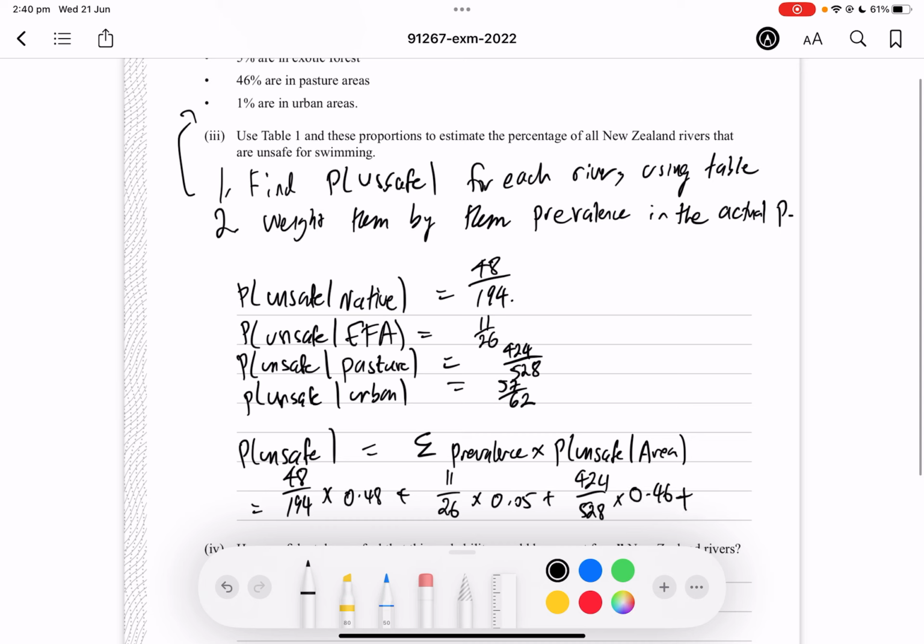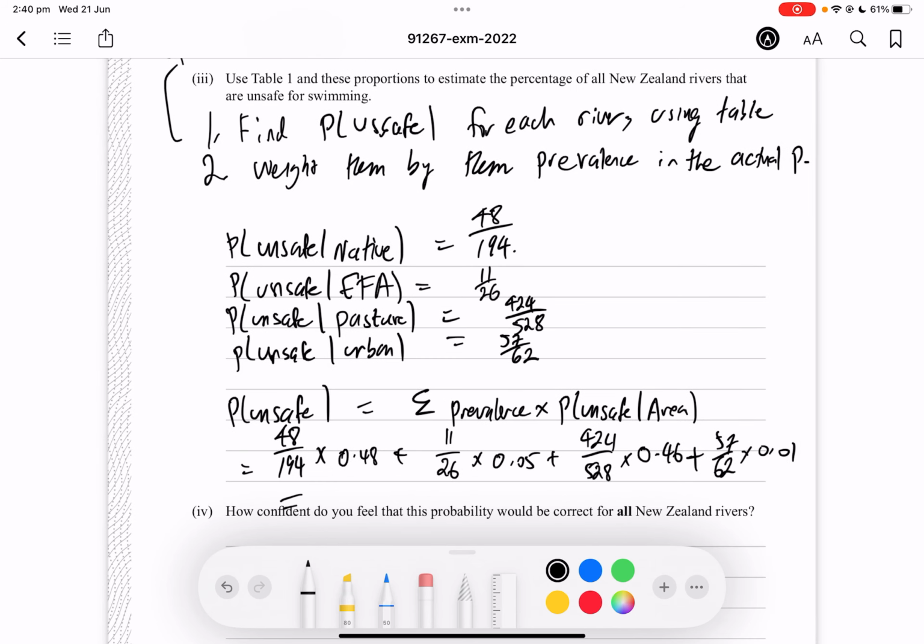And finally, we're adding 57/62 times 0.01. That's equal to a final answer of 0.5186. If you want to write it as a percentage, multiply by 100, so that's 51.86%.